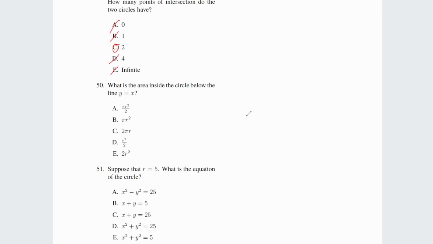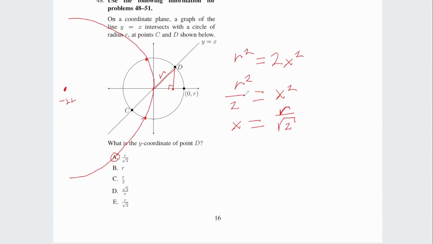So now we need to know, what is the area inside the circle below the line y equals x? Well, we know that this line y equals x goes through the origin.